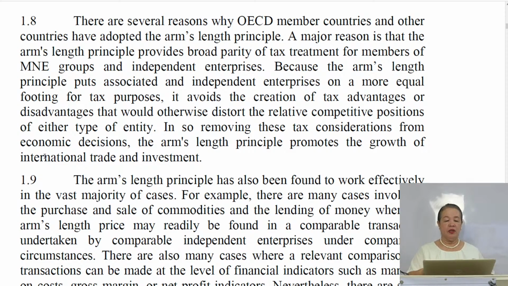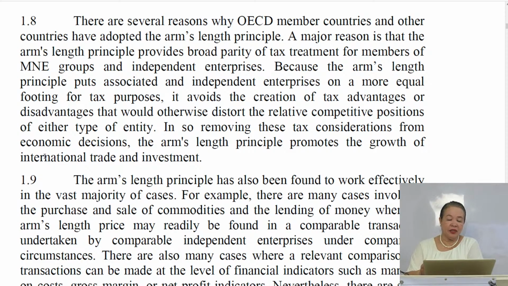They are treated the same. Because the arm's length principle puts associated and independent enterprises on a more equal footing for tax purposes. So, they are the same when it comes to taxation.